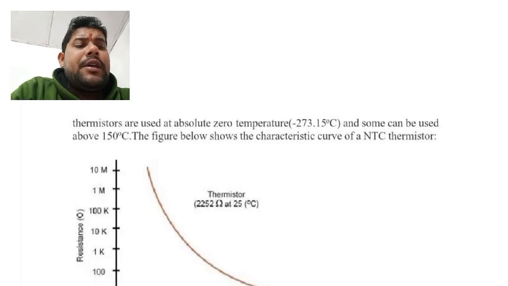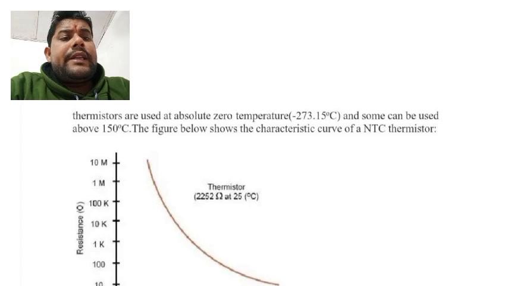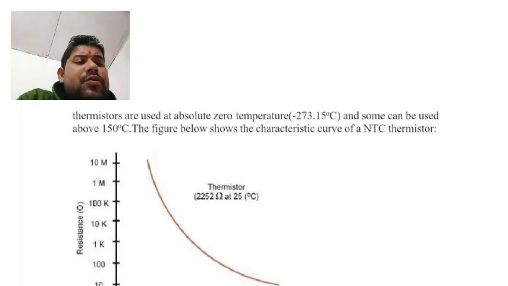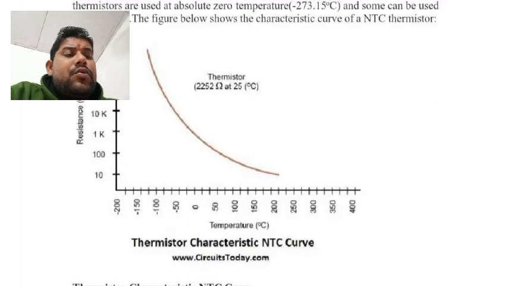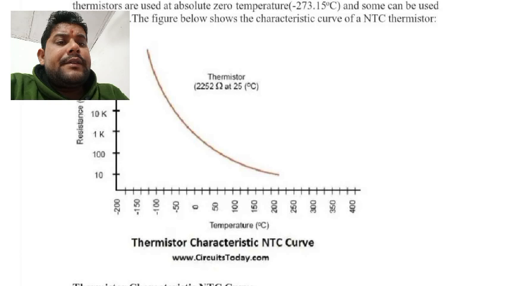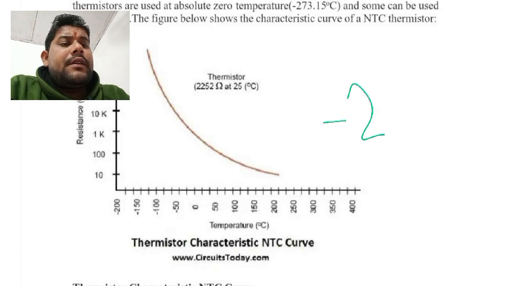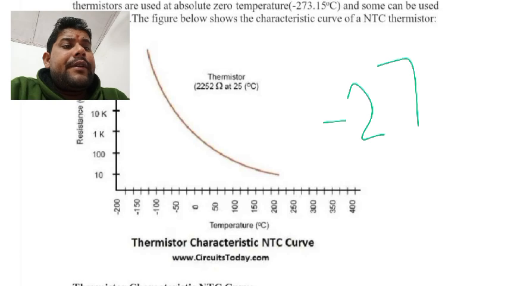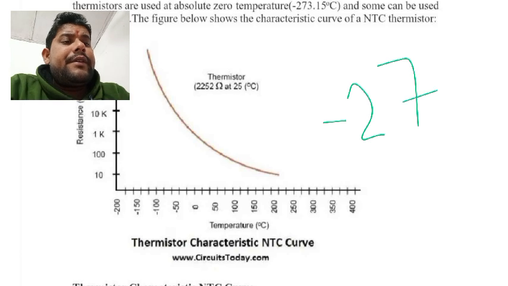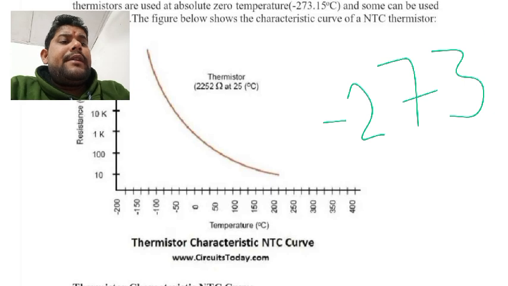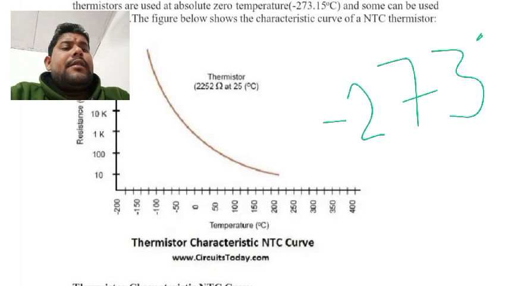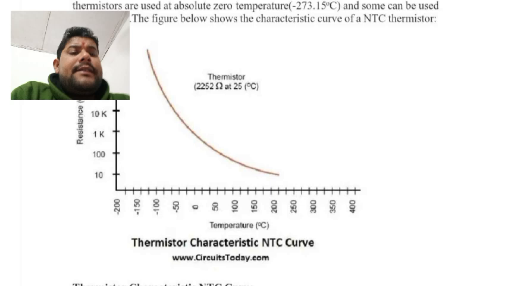Absolute zero means minus 273 Kelvin. This is the absolute temperature. This is the graph shown here.